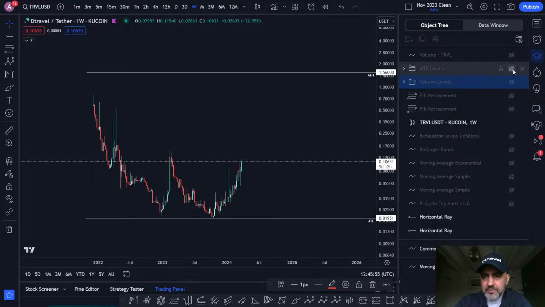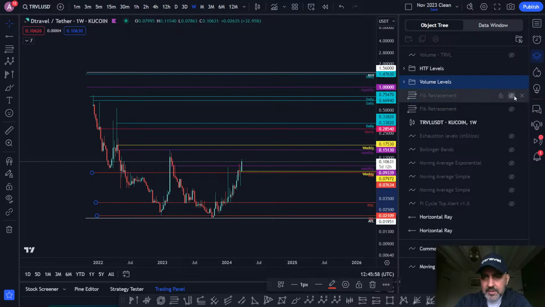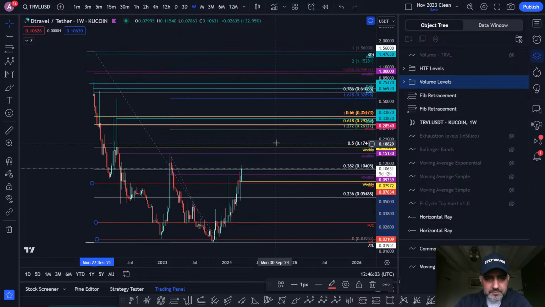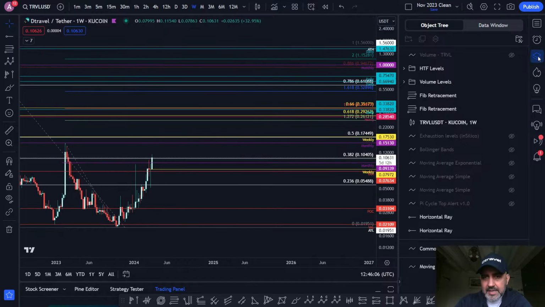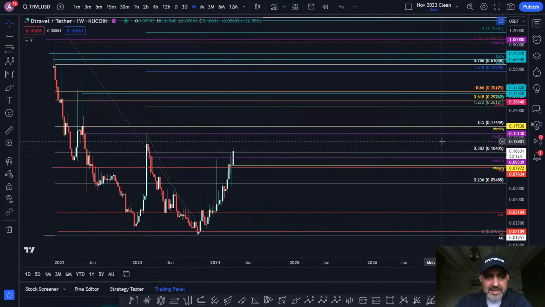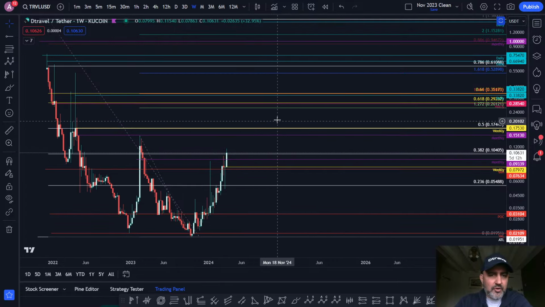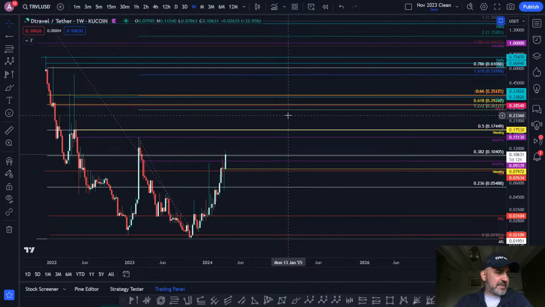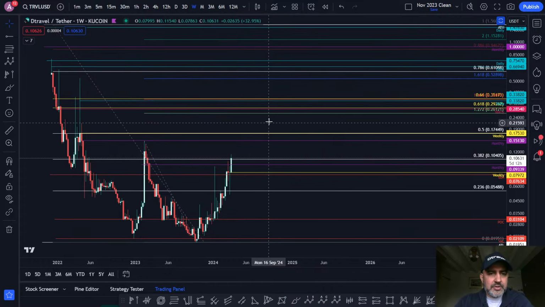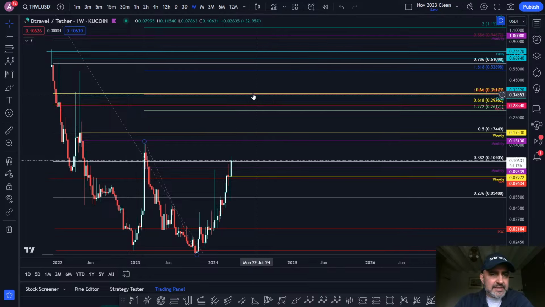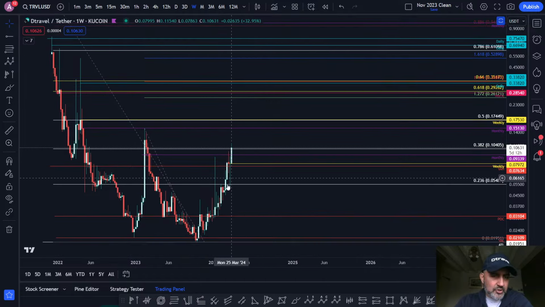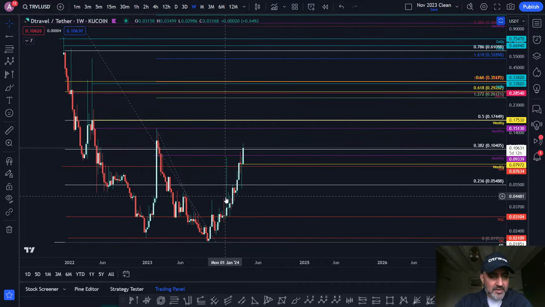We've got the volume levels, we've got the higher time frame levels, we've got the fib extension, the fib retracement, and it kind of gives you an idea of where you're going to find resistance on the way up. When you start seeing lots of these lines coincide, it gives you an idea where there's going to be strong resistance to the upside, and obviously on the downside there'll be strong support, but I'm not bothering with the downside for the time being. I'm not thinking down, I'm thinking up still.